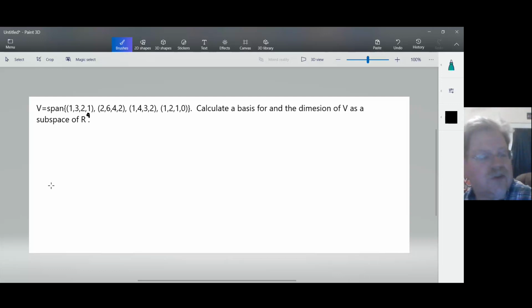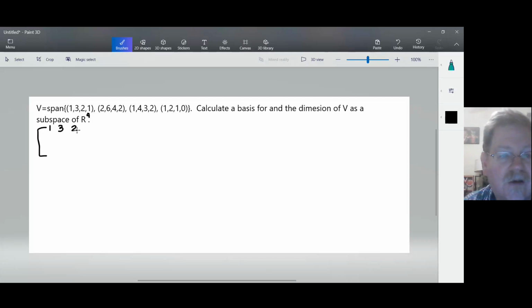So in other words, depending upon how the spirit moves us, we can think of these vectors as the rows of a matrix. So that's one way of working this out.